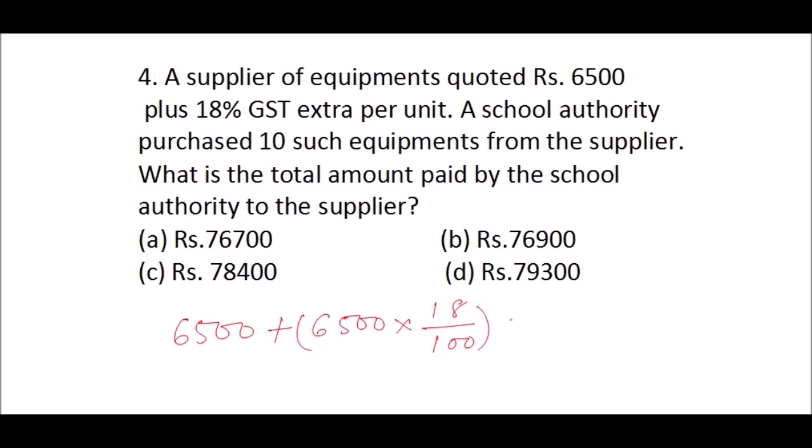If you simplify, you will get 7670. This is the cost per unit. Therefore, 10 are going to be purchased, so 7670 multiplied by 10 gives 76700. Therefore, A is the correct option.